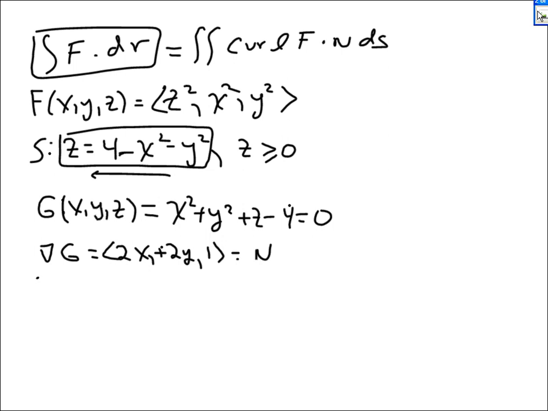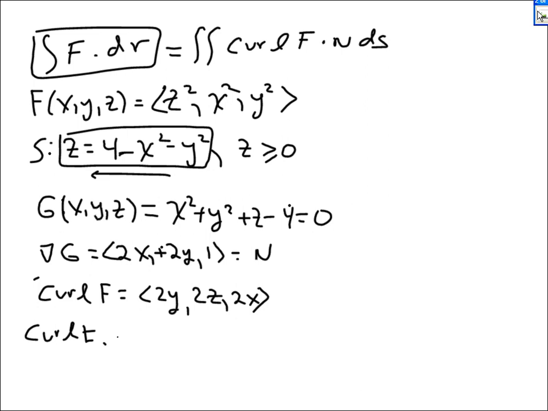So now we can find the curl of f. I'll just give you that as 2y, 2z, 2x. Now, what is the curl of f dotted with n?